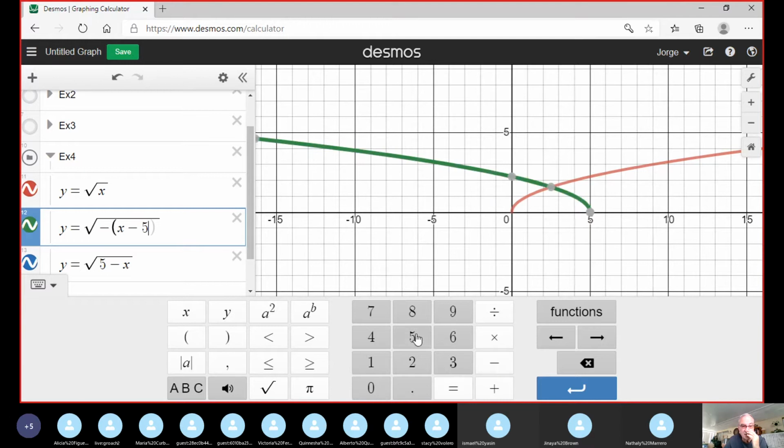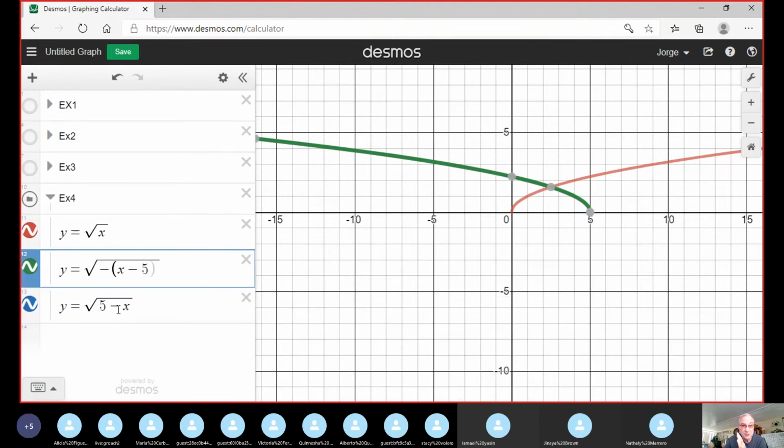And this minus 5 represents the horizontal shift, pero 5 units to the right because it's negative, no? Entonces you see que the green expression and the blue expression are equivalent. It's the same transformation. But in the green it's relatively easy to see. However, in the blue, it's complicated to understand. More clear now?